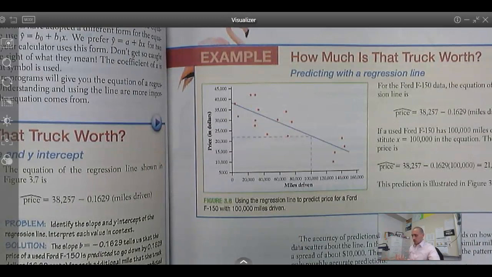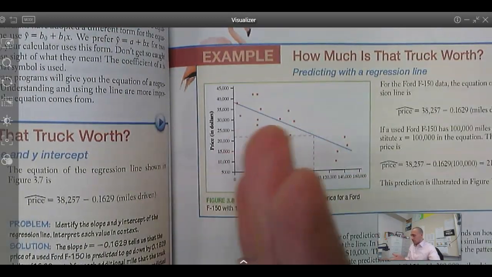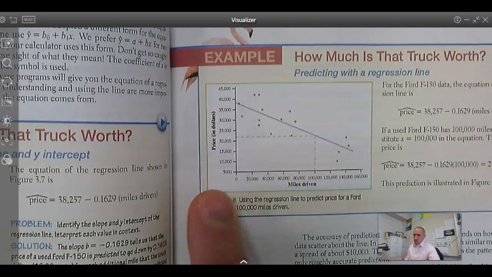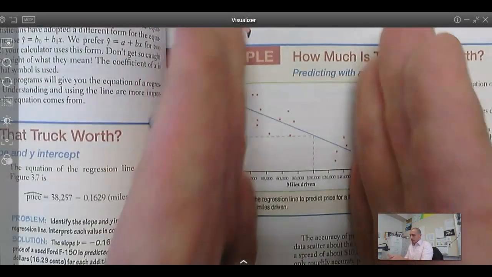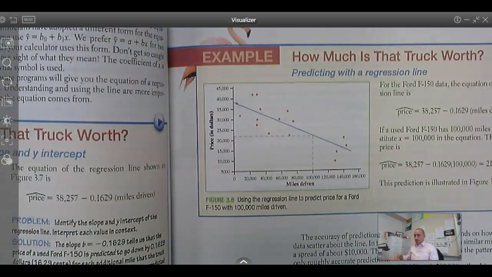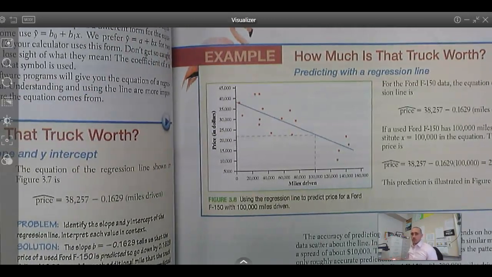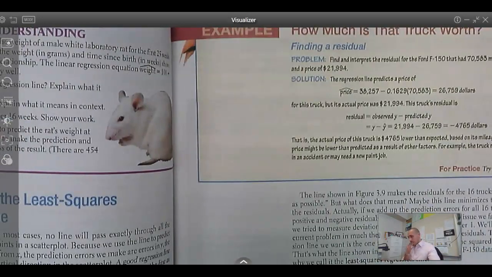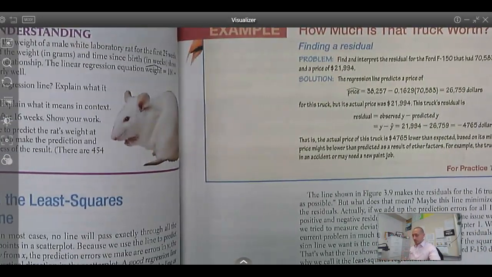That's called extrapolation. Whether you're going past the data you have or before, obviously I can't have negative miles driven, but anything outside of the interval of values for the x variable, if you're trying to make predictions on that, that's extrapolation. That's dangerous. This is probably not going to be a good fit.